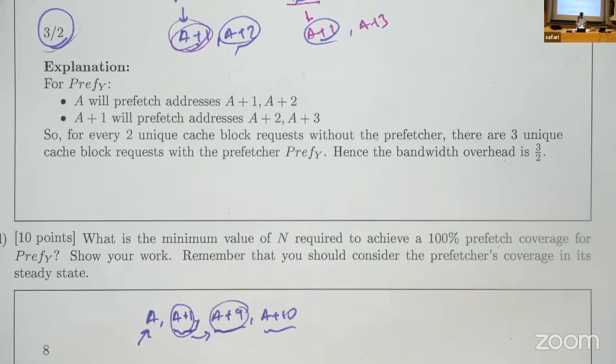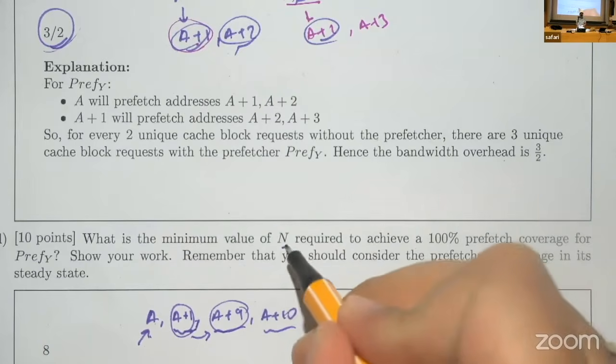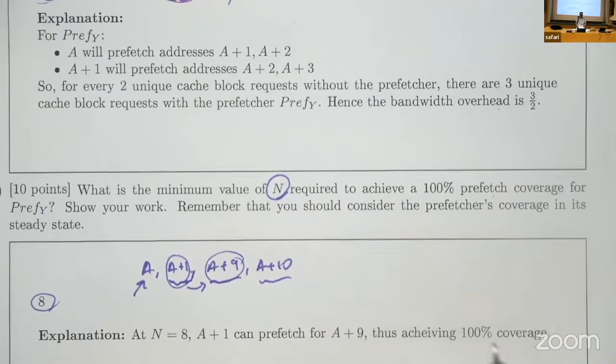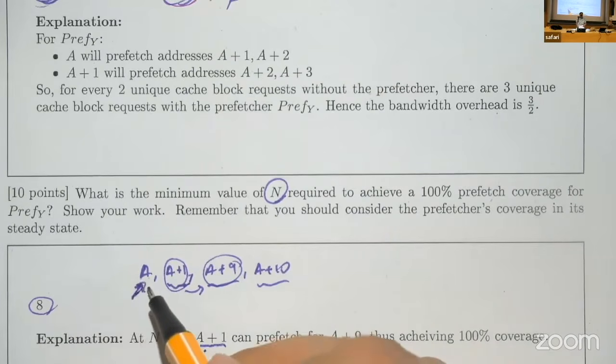To do that with this kind of prefetcher, we need to set n to 8 so that we can prefetch A+1 within the prefetches for A, and A+9 within the prefetches for A+1.